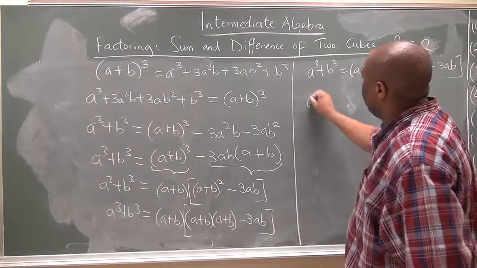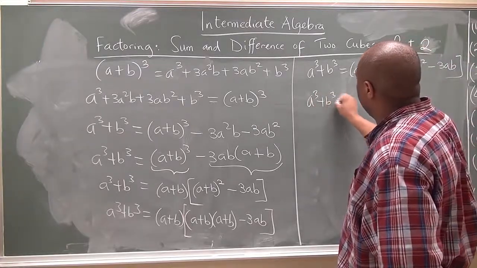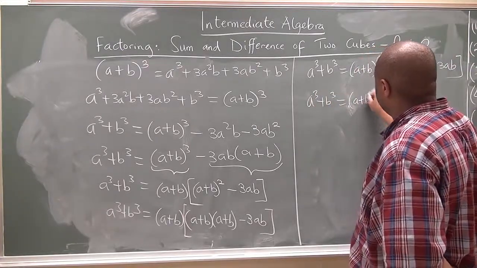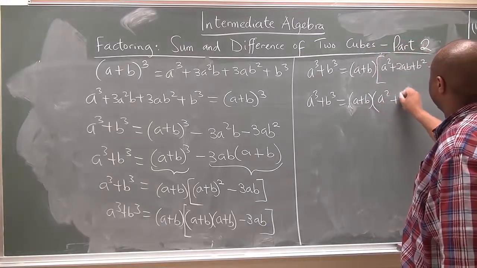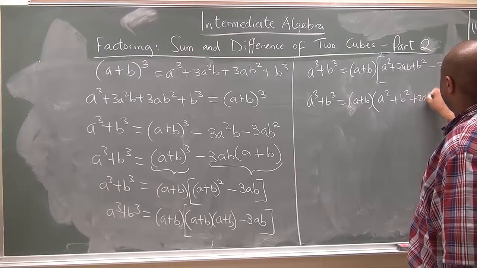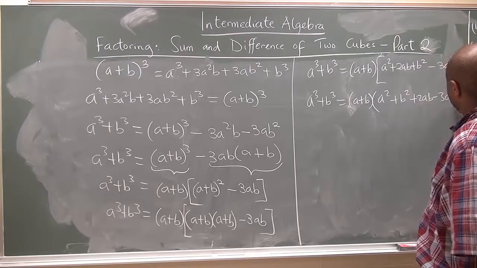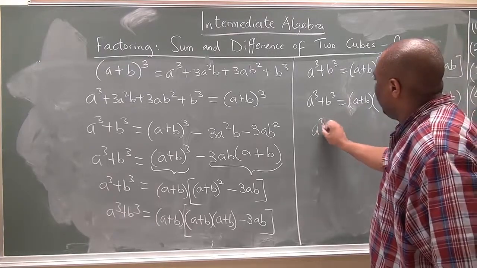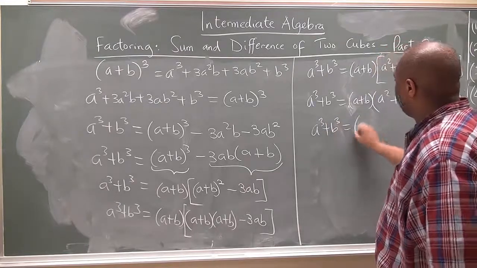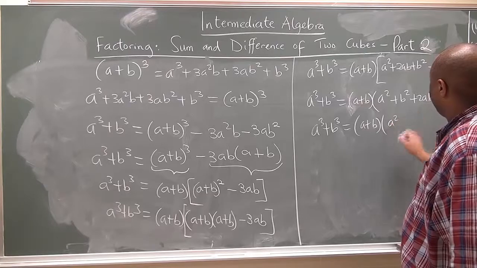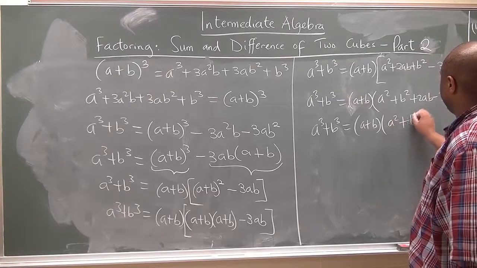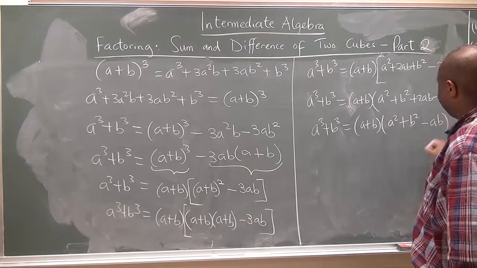So we have that a cubed plus b cubed will be a plus b times, you can now open up your stuff, a squared plus b squared plus 2ab minus 3ab, and we now have that a cubed plus b cubed is equal to a plus b times a squared plus b squared minus ab.